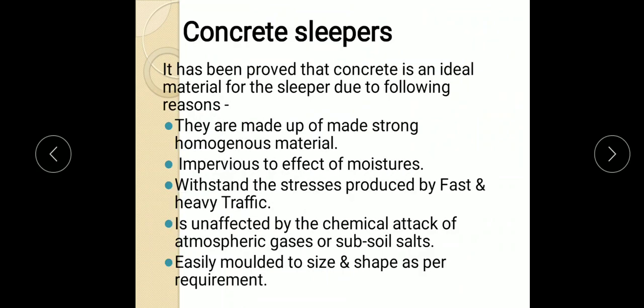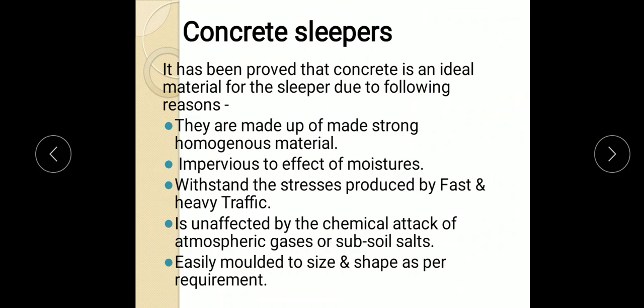Next type is the concrete sleepers. It has been proved that concrete is an ideal material for the sleeper due to the following reasons. They are made up of strong homogeneous material. Concrete is impervious to the effect of moisture. Concrete withstands the stresses produced by fast and heavy traffic.